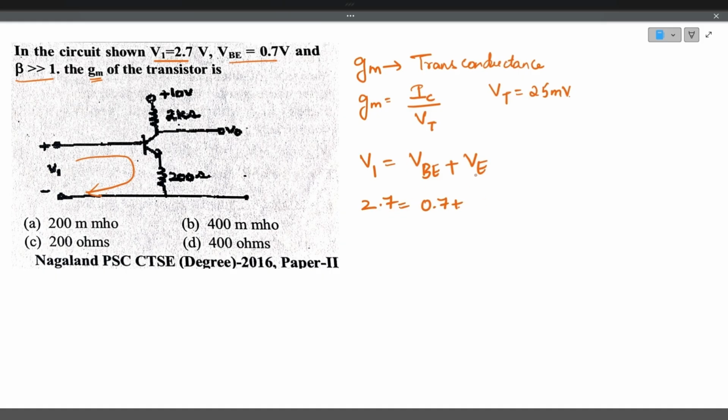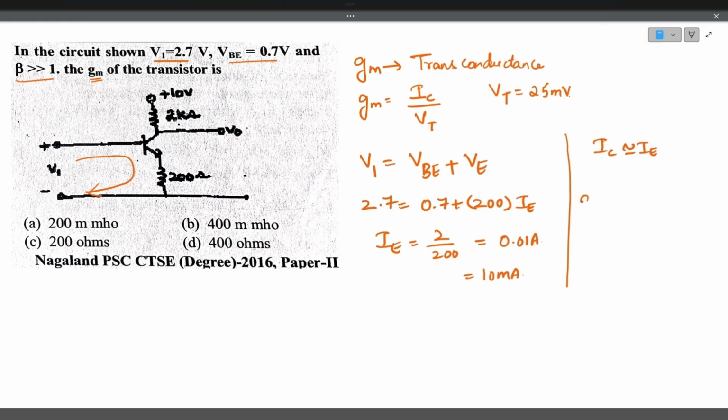Emitter resistance voltage is nothing but emitter resistance 200 ohms multiplied by emitter current. So the emitter current is approximately 2 divided by 200, which is equal to 0.01 amps, that is nothing but 10 milliamps. So this is the emitter current. Here it is considered that emitter current and collector current are approximately the same.